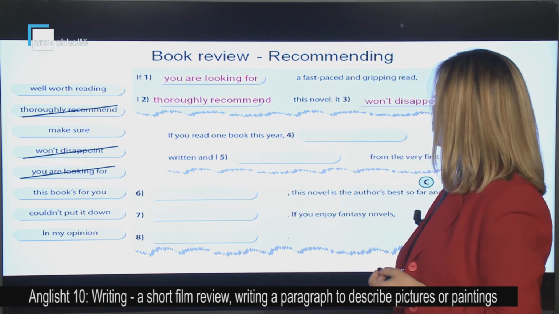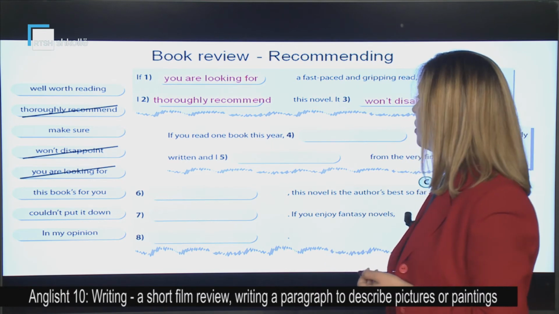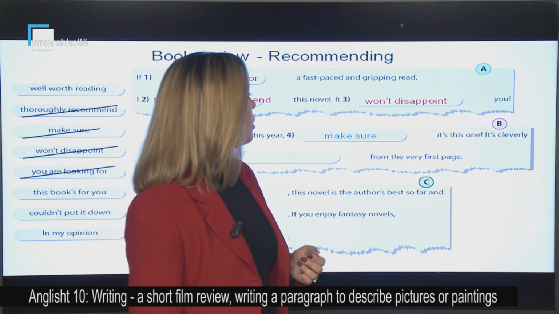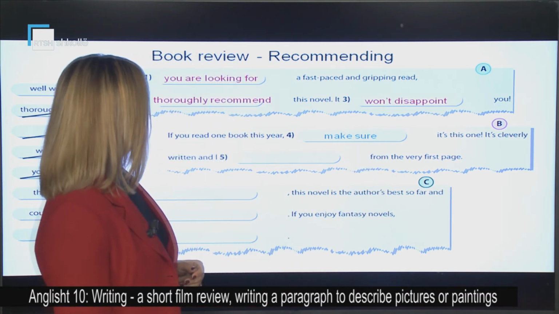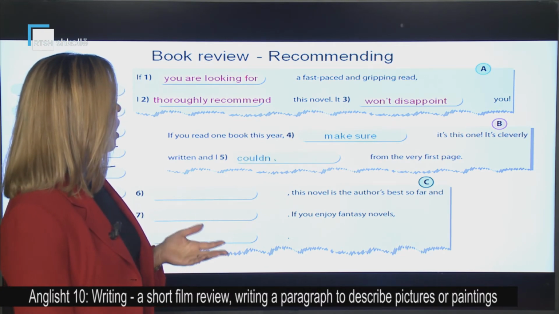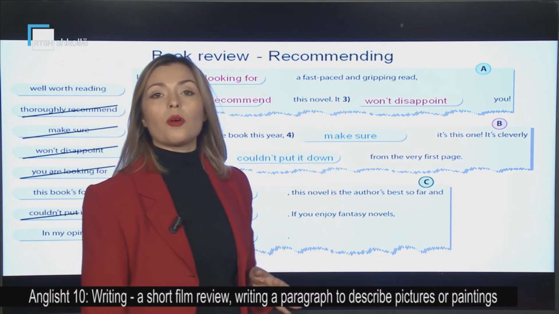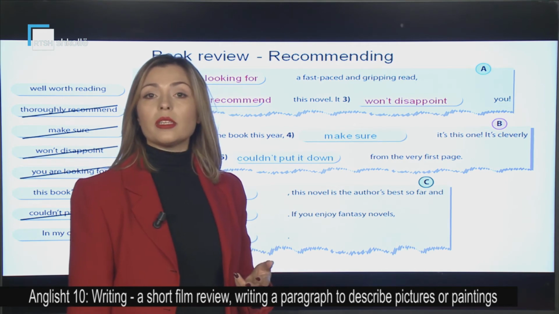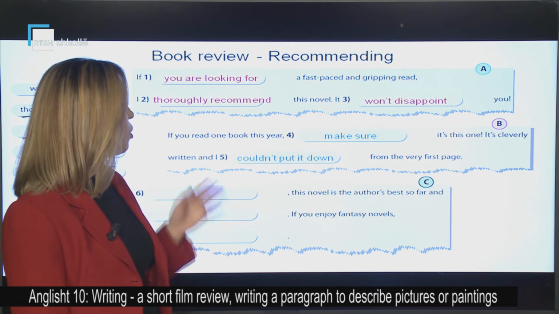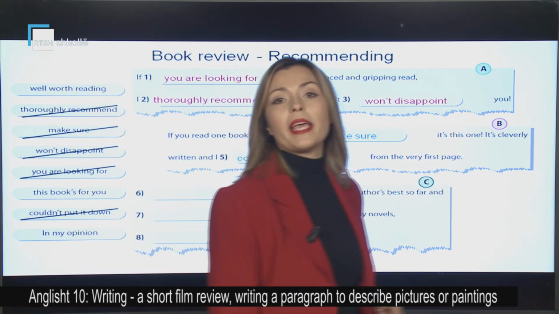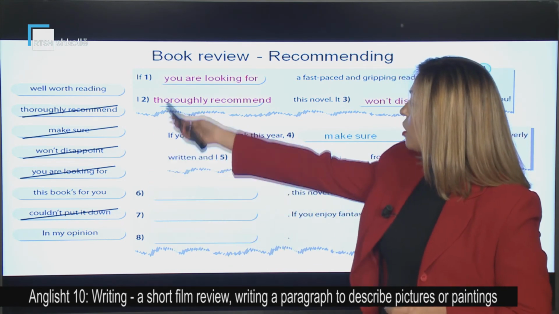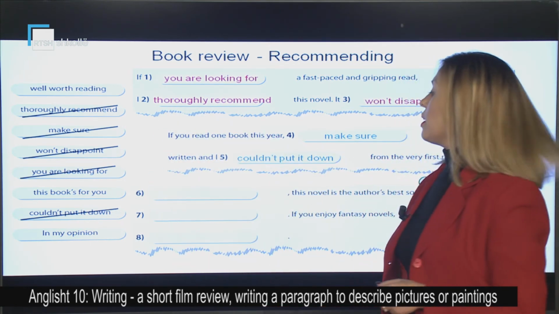If you read one book this year, then make sure it is this one. It's cleverly written, and I couldn't put it down. I really wanted it, so I needed to continue reading. I couldn't put it down from the very first page. Now, how can we start from the other expressions that we can see?